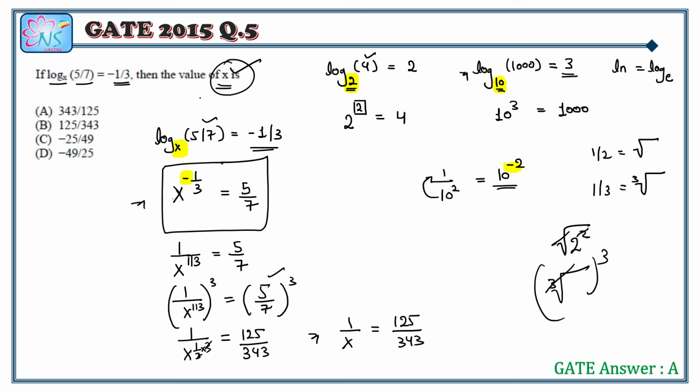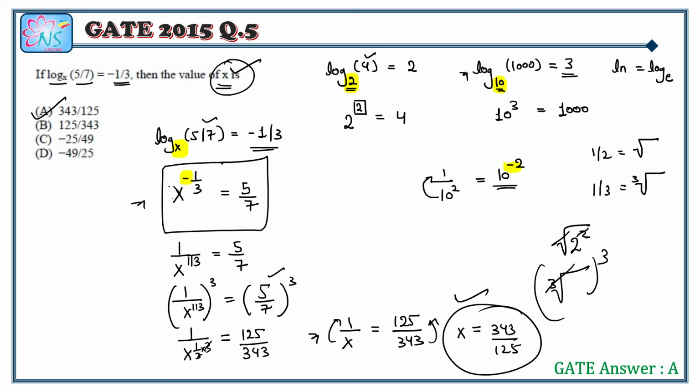But here we have to find the value of x, not 1 by x. So we just reverse the order, and this gives us x equals 343 divided by 125. So this will be our answer. So option number A is our right answer for this question.